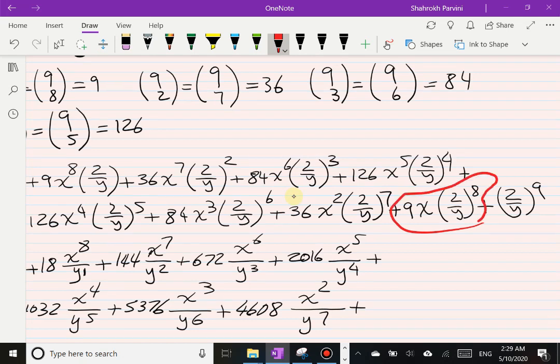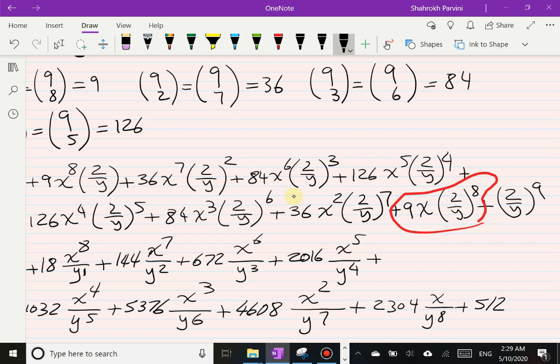Okay, let me do 2 to the 8. 2 to the 8 is 256 multiplied by 9. That's 2,304. 2,304. And it's going to be x over y to the 8. And finally, 2 to the 9th power. That's going to be 512.